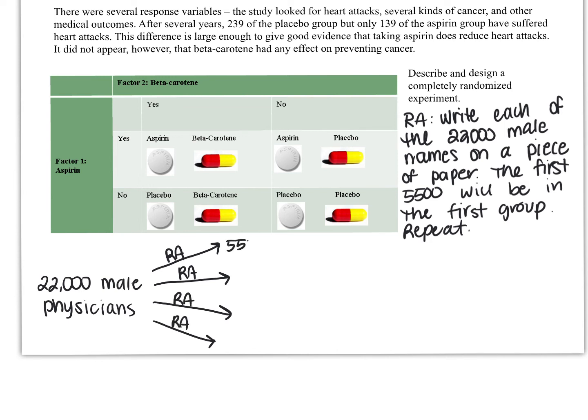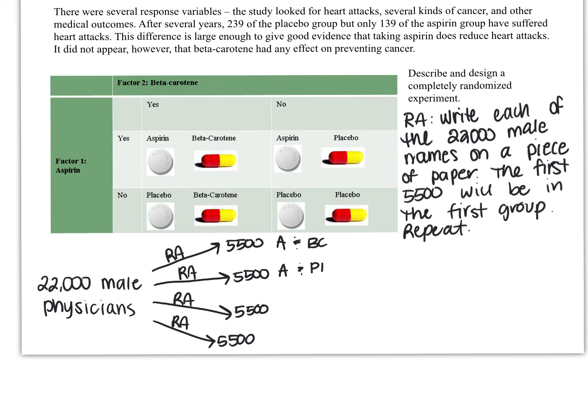And then if we know how many specific people were in each group, we want to talk about what those groups were. So one of our groups took aspirin and beta carotene, and then we had aspirin and a placebo.